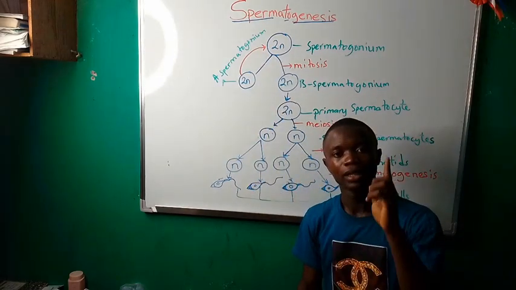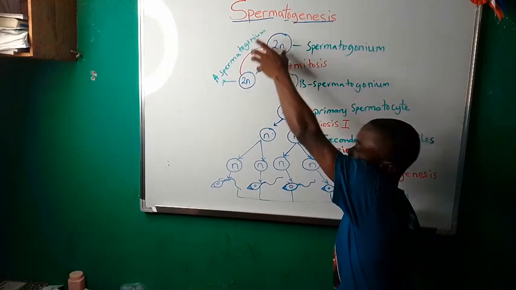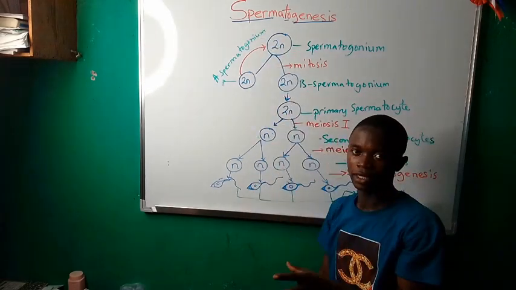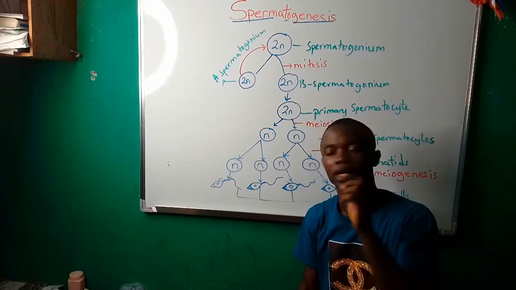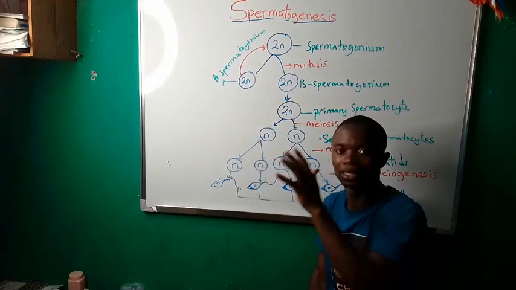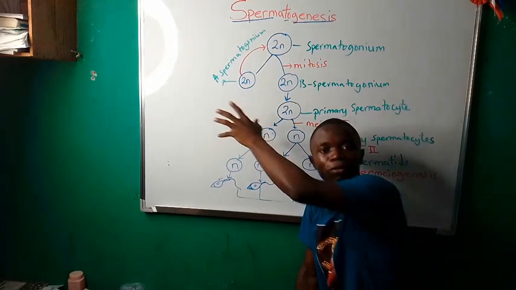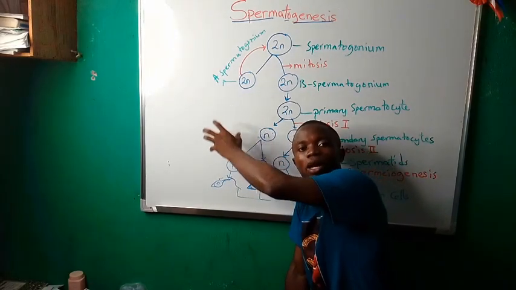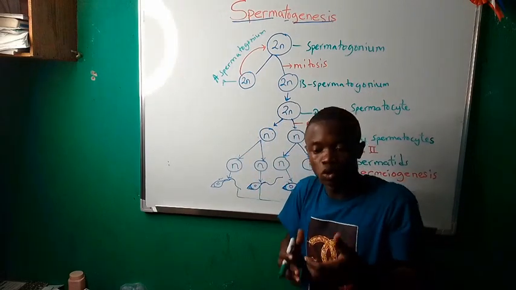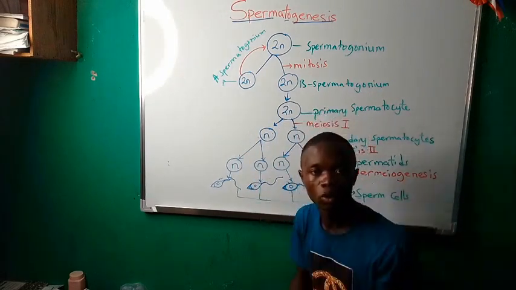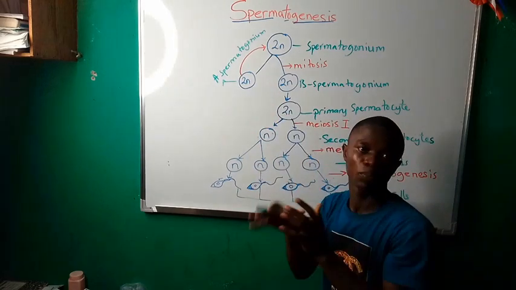I repeat, testosterone cannot drive the entire process of spermatogenesis on its own because it is not water soluble. The entire environment is hydrophilic. So because it cannot dissolve in that environment, it needs androgen binding protein to help it become soluble in that environment to drive the entire process.